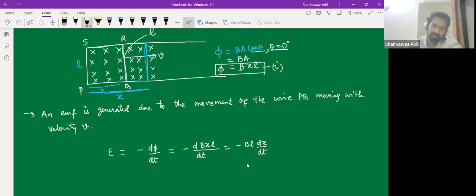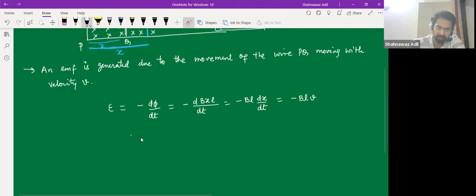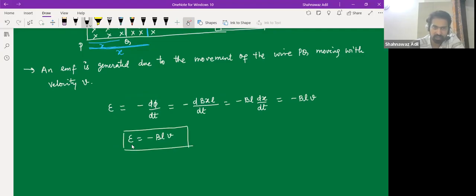Rate of change of distance, velocity, right? So this is velocity. So I will get minus BLV. So this is what is called the motional EMF, right? And this minus sign represents Lenz's law, right? So this induced EMF will try to oppose the motion. So that is why this is the motional EMF. Understood?